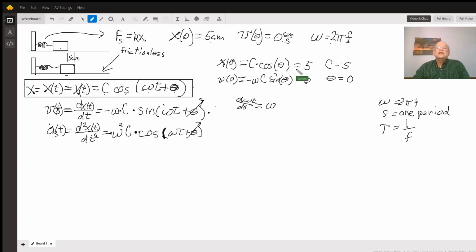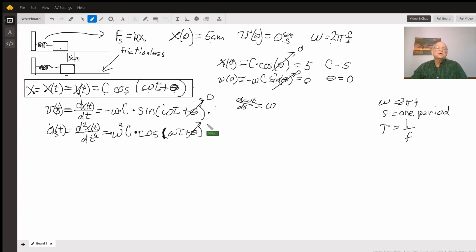If we want to put in the initial conditions, x0 is equal to 5. Theta, we don't know what that is at this point, and we don't know what c is. But sine of theta has to equal 0, so theta has to equal 0. So we're going to put theta as 0 in both these cases.